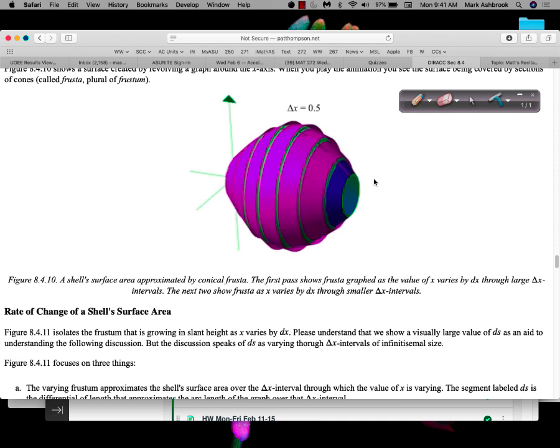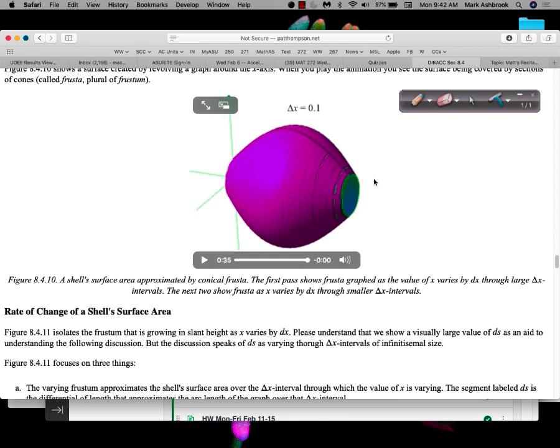ds is tangent to the surface at the beginning of every interval, along the tangent line to the surface. When the circumference of our ribbon follows along ds, which is on the diagonal, tangent to the curve, then when delta x gets small, it will find the surface area for us.